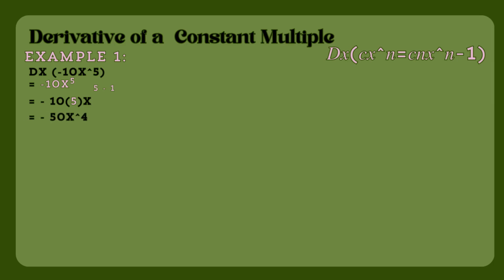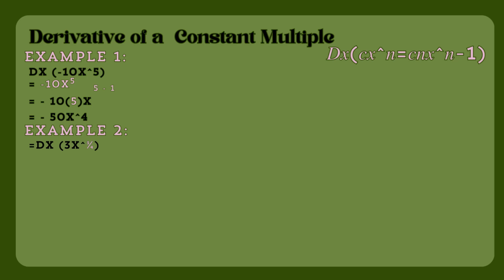For another example, find the derivative of 3x raised to 3/4. The constant is 3 and the function is x raised to 3/4. Now, what we need to do is to copy the constant, which is 3, then multiply it to the derivative of x raised to 3/4.